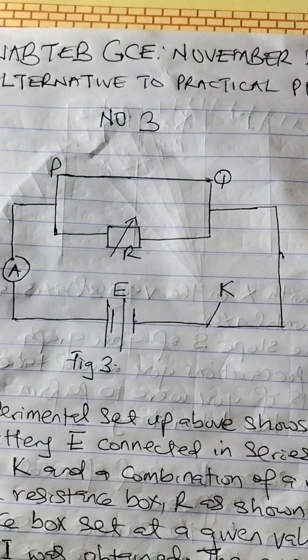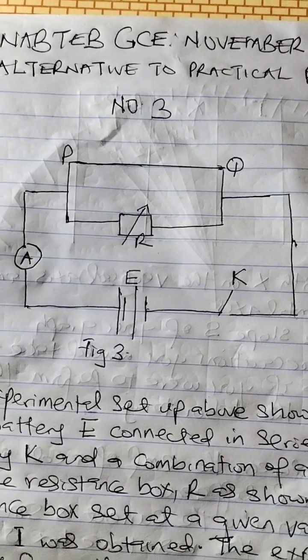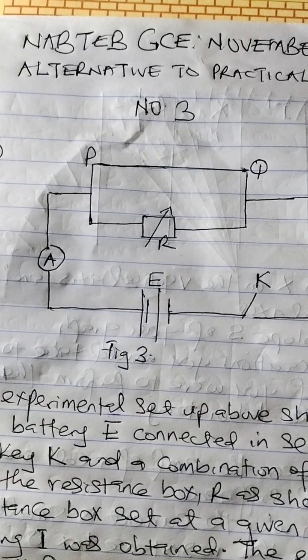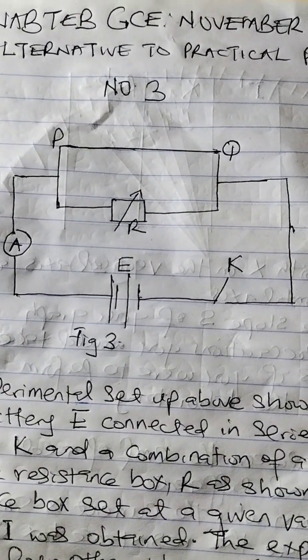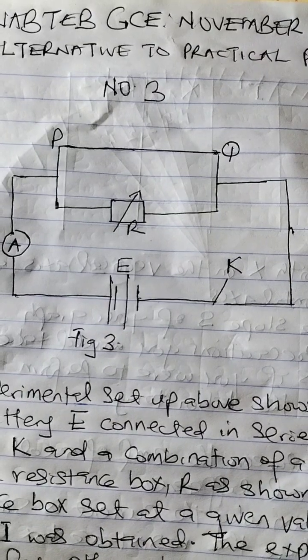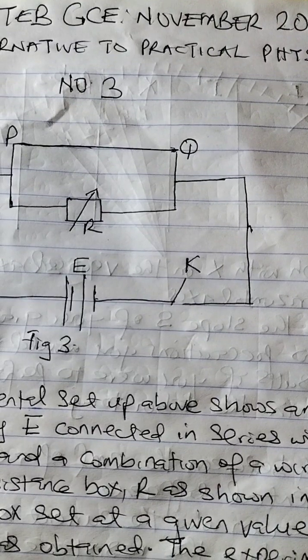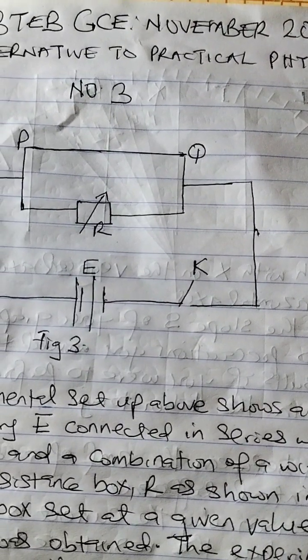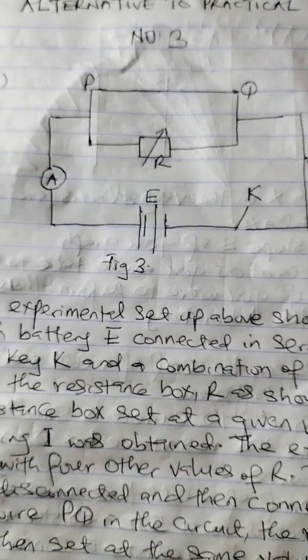We can see R under it, that's the resistance bus. We can see the ammeter on the left-hand side. Then under it we can see E, which is the cell that represents the EMF. Then we can see K, which represents the switch or the key for that circuit. That circuit is labeled Fig 3. So let's go to the question.